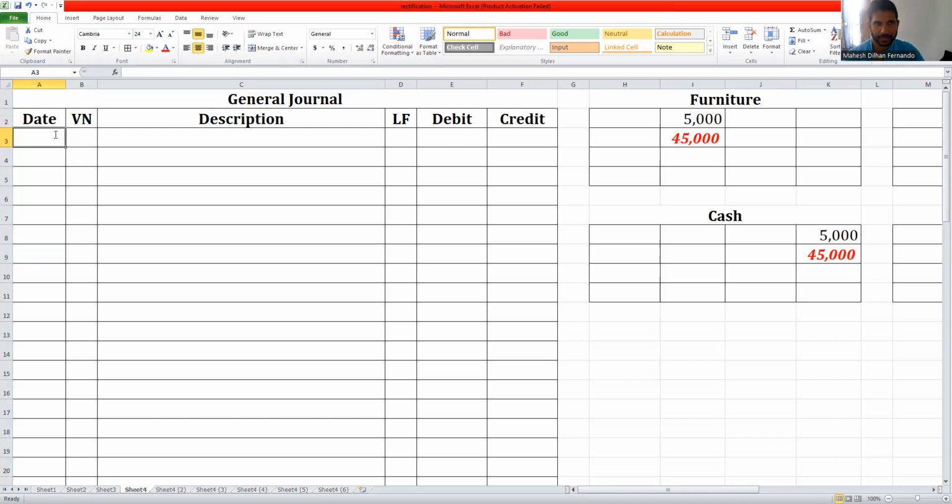Number 1: furniture account debit. Write dr like this, debit 45,000, and the cash account a little to the side, because no one starts a credit entry from this side. Cash account credit 45,000.